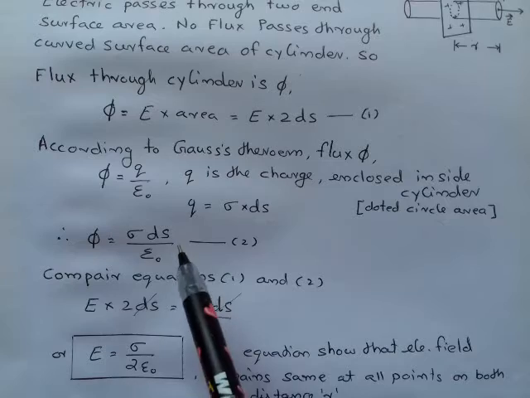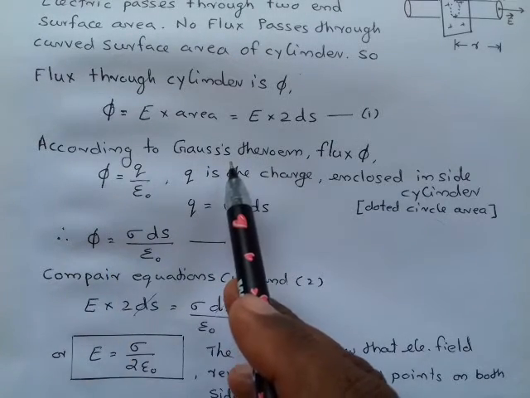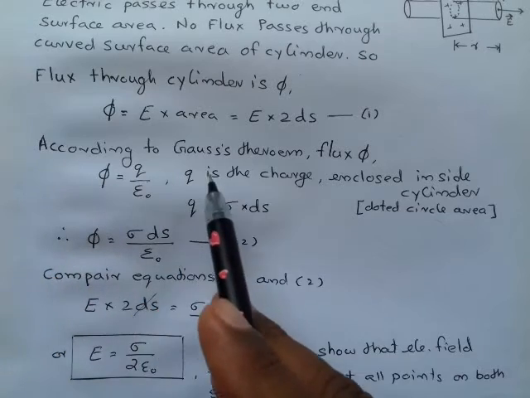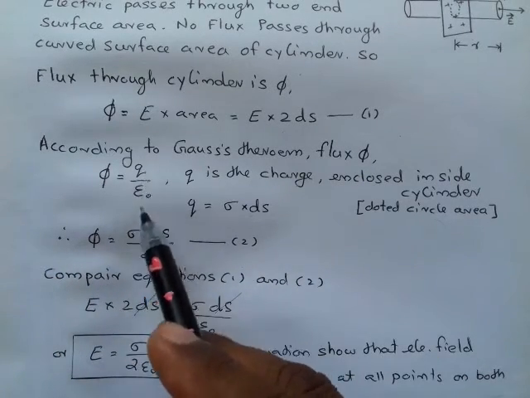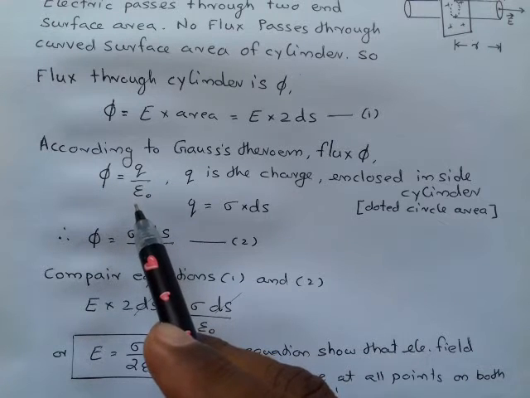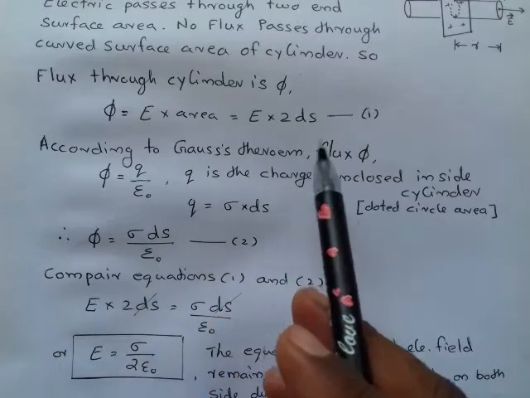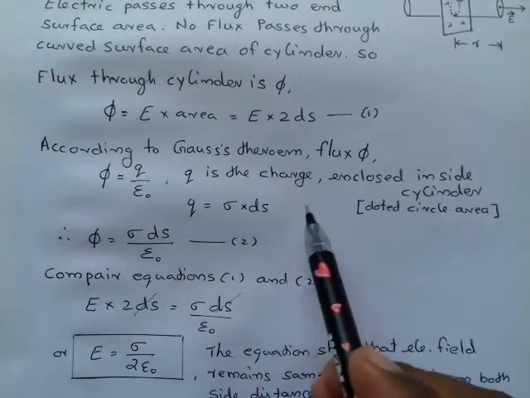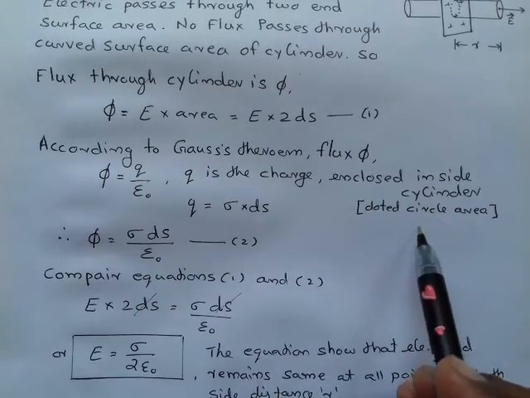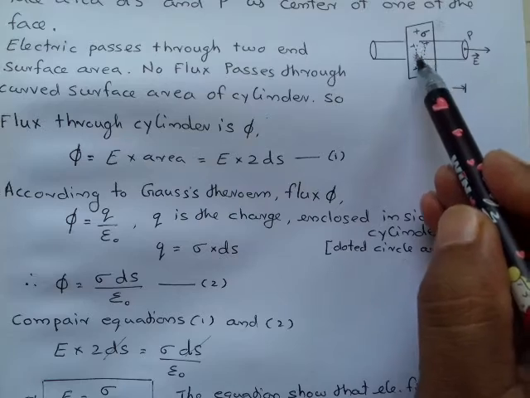Now we write another equation for the same flux using Gauss theorem. According to Gauss theorem, the flux phi is q by epsilon 0, where q is the enclosed charge, that is the charge within the Gaussian cylinder. In this region only there is charge.